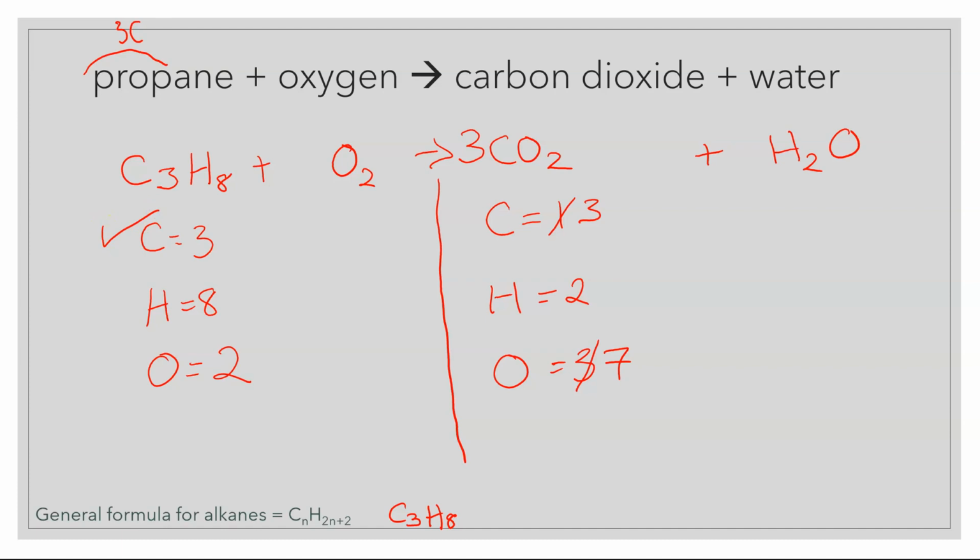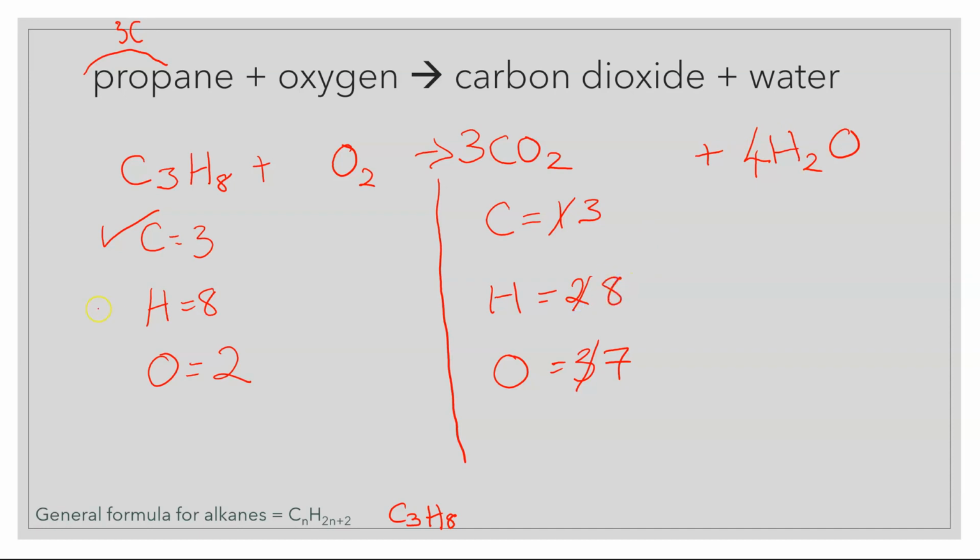So let's look at hydrogen. I've got 8 on my reactant side, I've got 2 on my product side. So if I pop a 4 in front, okay, that means this whole molecule now is times by 4. So that means I had 2 initially, times 4 is 8.